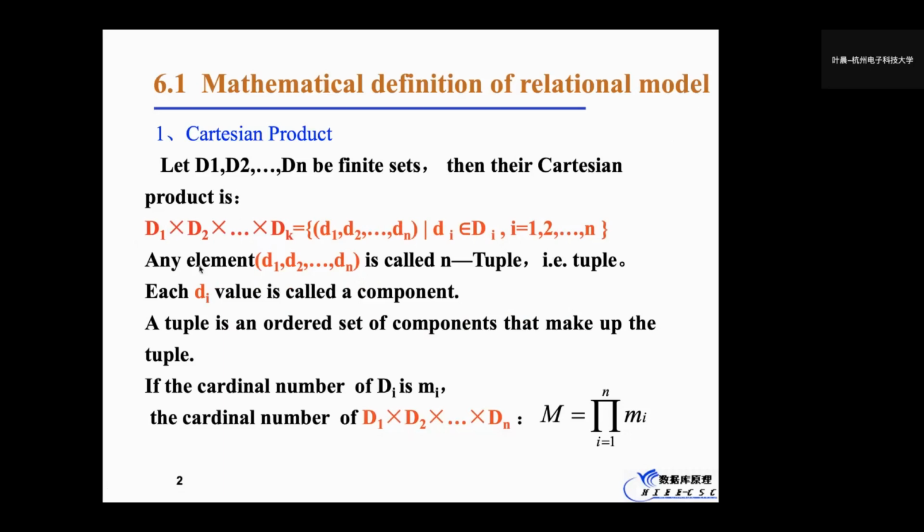Each value di is called a component. So a tuple is an ordered set of components that make up the tuple. If we assume the cardinal number of Di is mi, then the cardinal number of the whole Cartesian product is like this.